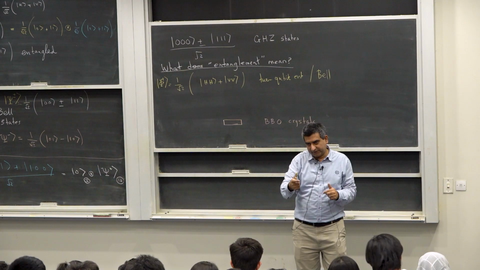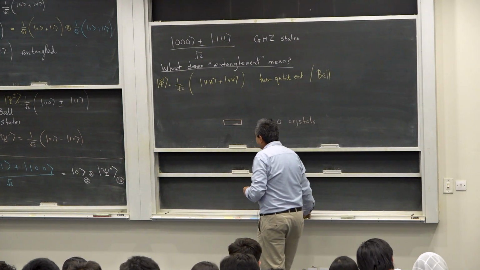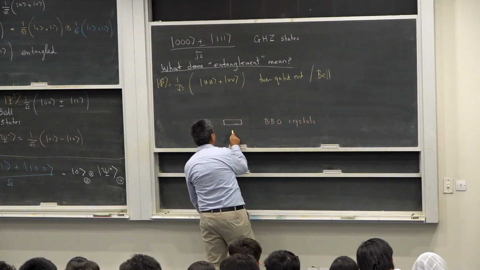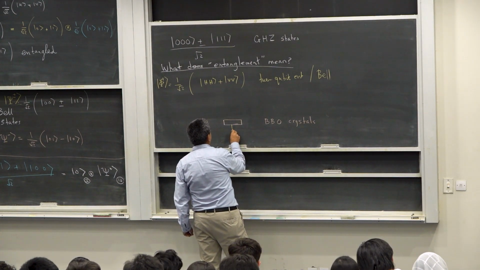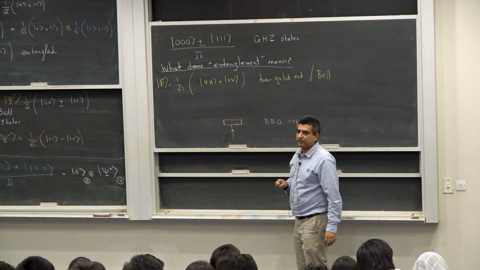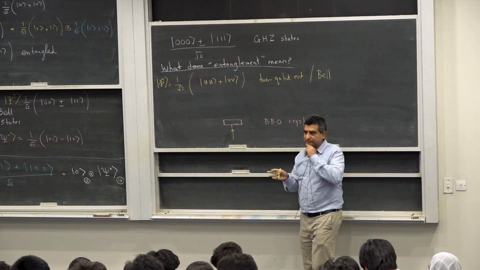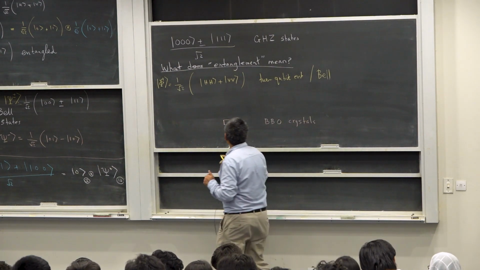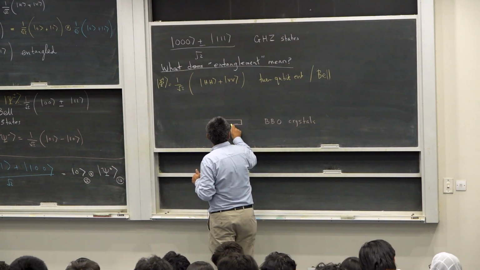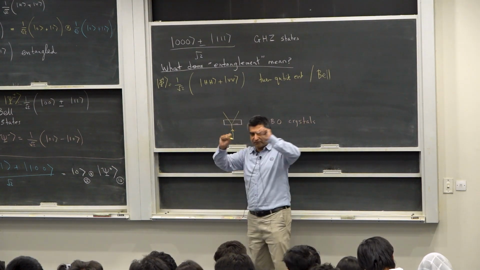Barium borate crystals, beta barium borate crystals, and you shine light on these crystals in a particular polarization, and two beams emerge from the crystal.